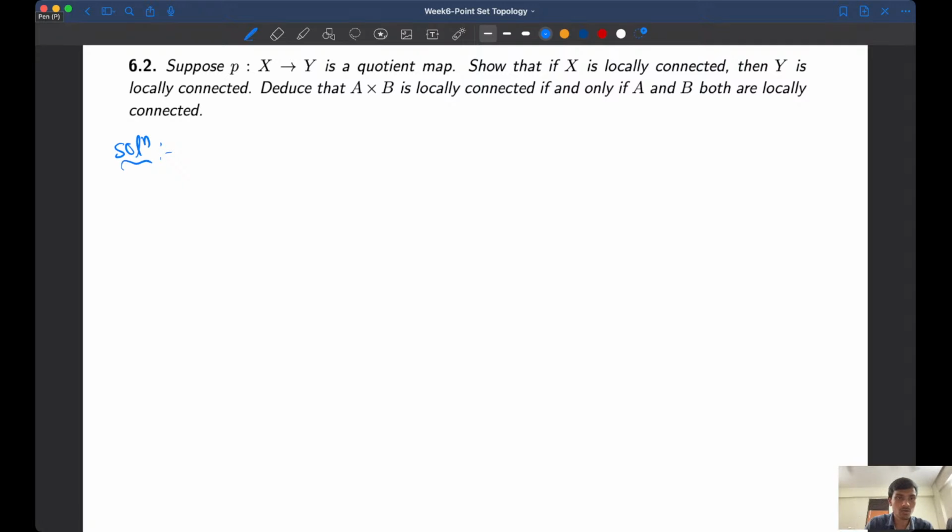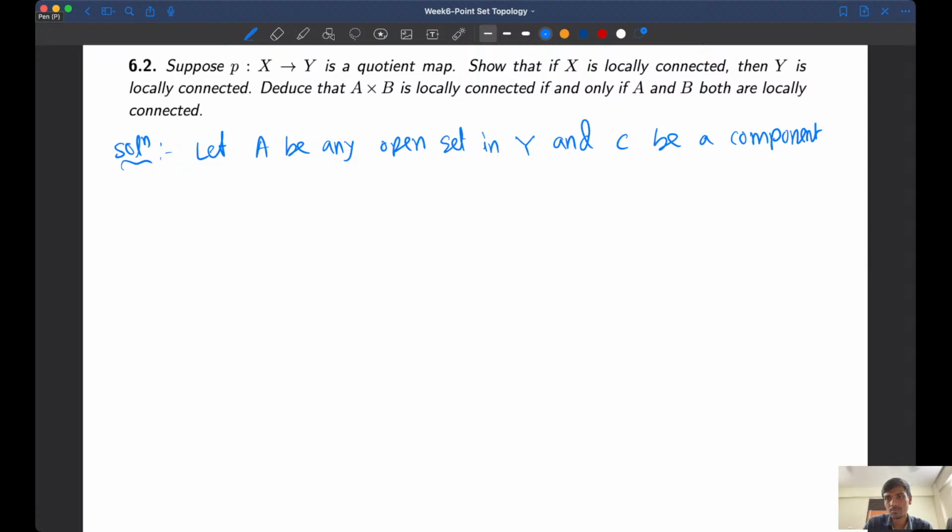So let's pick any open set. Let A be any open set in Y, and C be a component of it. Okay, so I want to show that this C is open, right? For that I have to use this quotient map somehow.